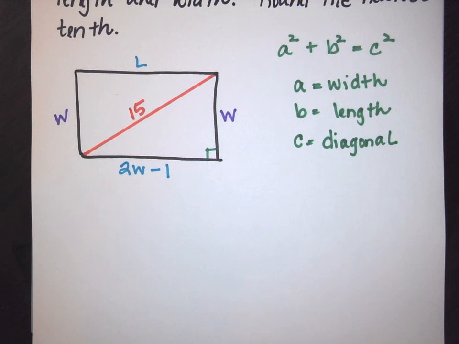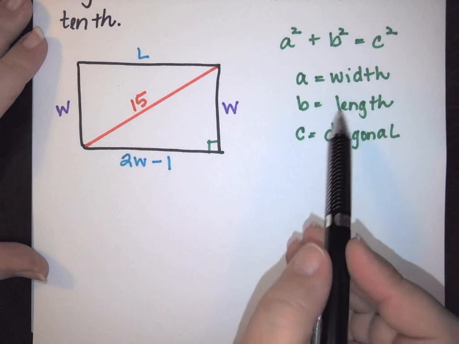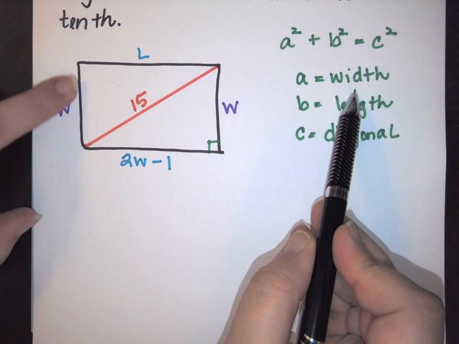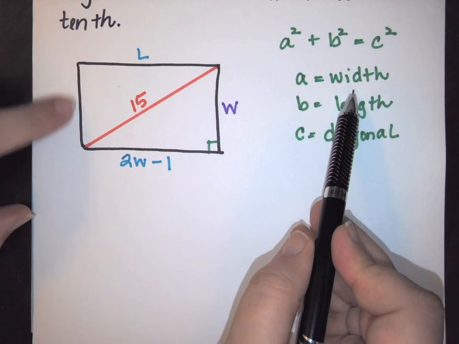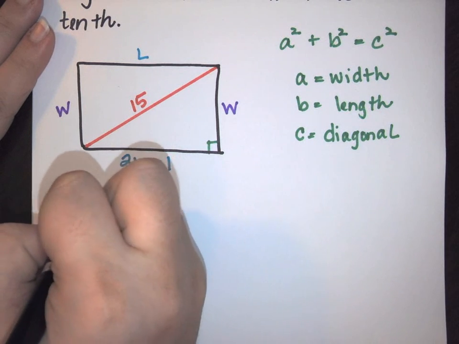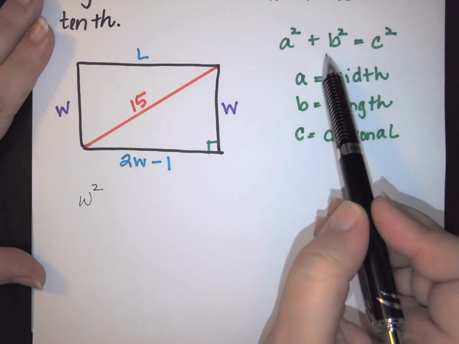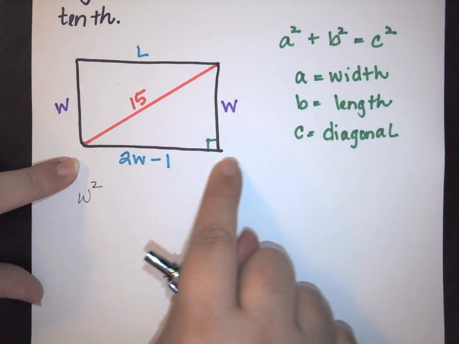So once we know that, we can actually substitute in for the values that we've got and set ourselves up a problem to solve. So if we're talking about width, we are talking about this short side or the purple side. So here we would have w squared. Now when we're talking about our length here, we're talking about this long side.